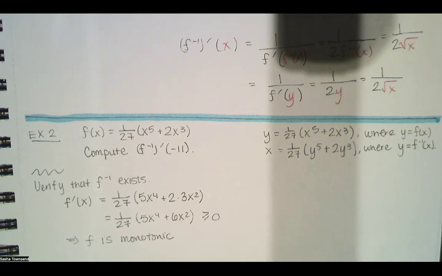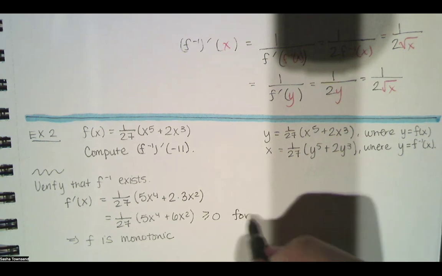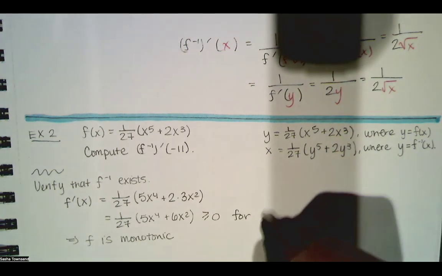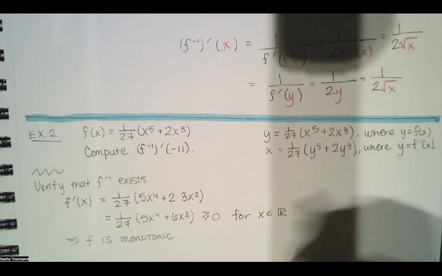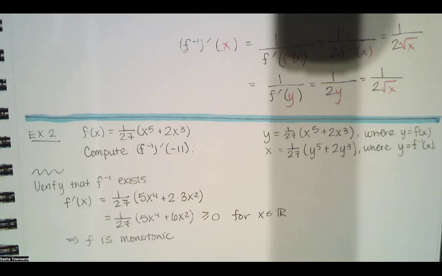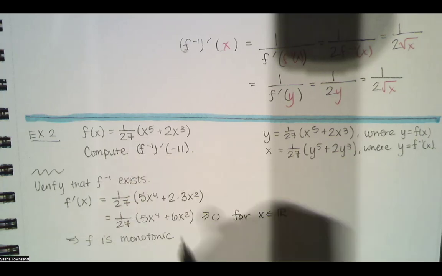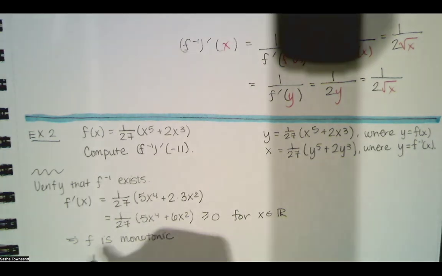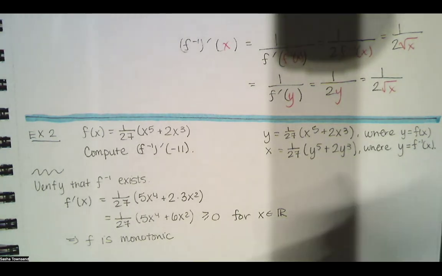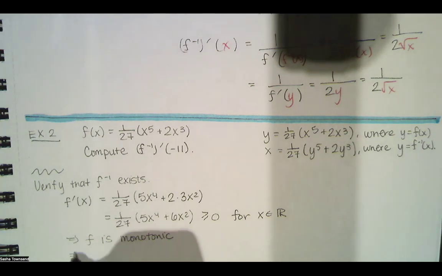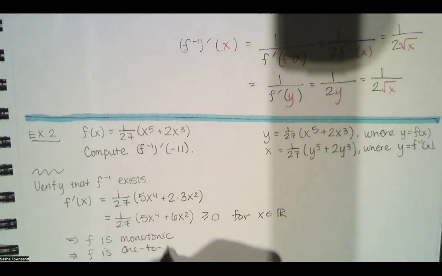Since f prime is always greater than or equal to 0 for all real numbers x, and the domain of that function is all real numbers, and if f is monotonic, that means the function's increasing the whole time. It's 1-to-1. And if it's 1-to-1, that means it has an inverse.